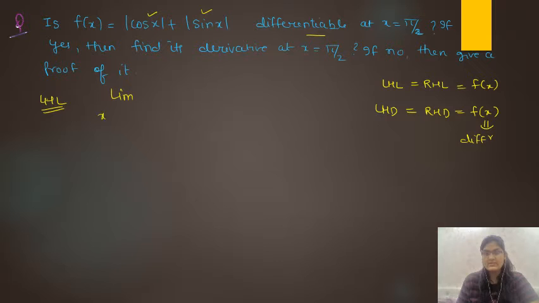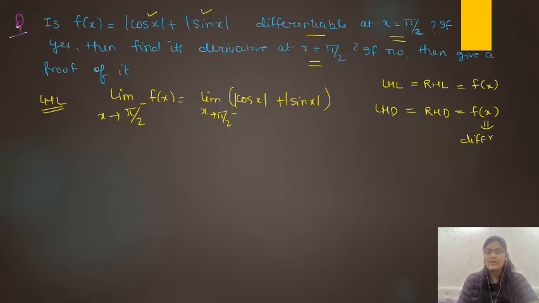Limit x tends to, what's the point? Pi by 2. So left is something which is less than that value, so pi by 2 minus, of f(x). What is f(x)? If you substitute, it is |cos x + sin x|. Limit x tends to pi by 2 minus.